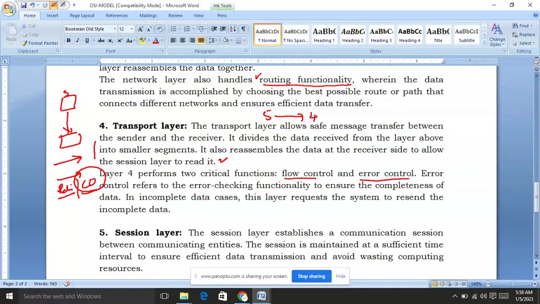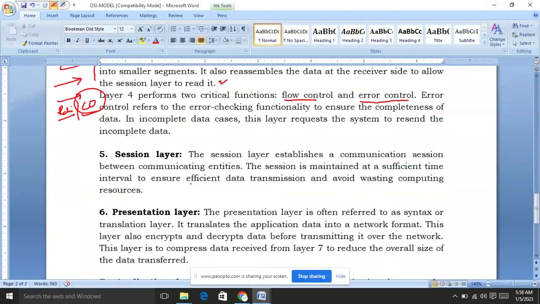The next one is the session layer. It establishes the sessions. Session means timestamp. That means session means how much time these two systems are interconnected. For example, dear students, suppose how much time the networks class will take, right?